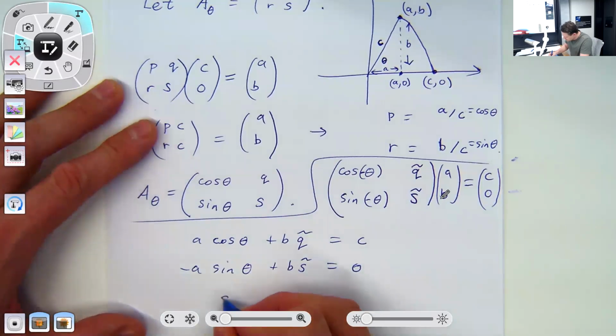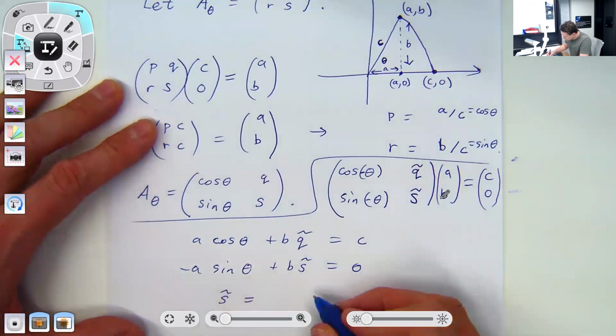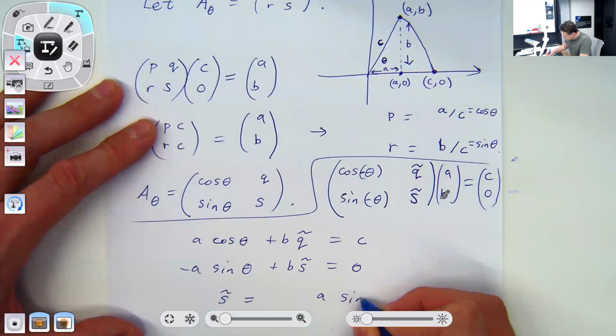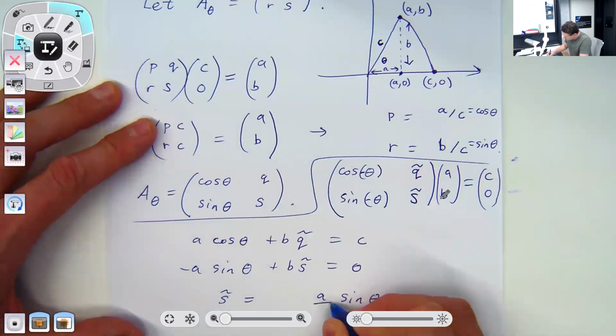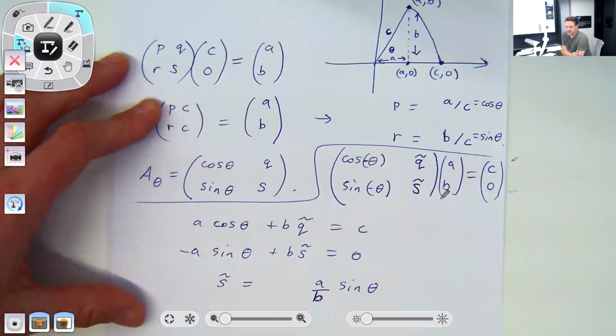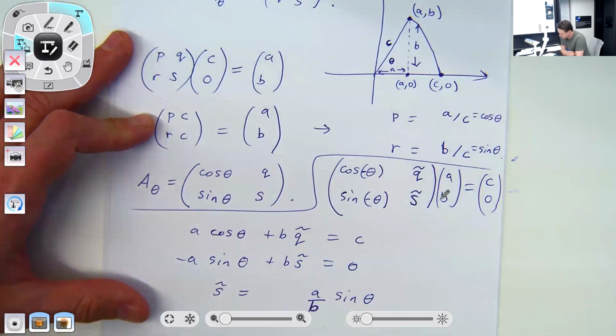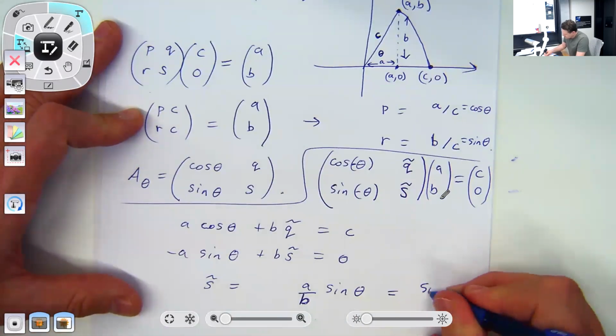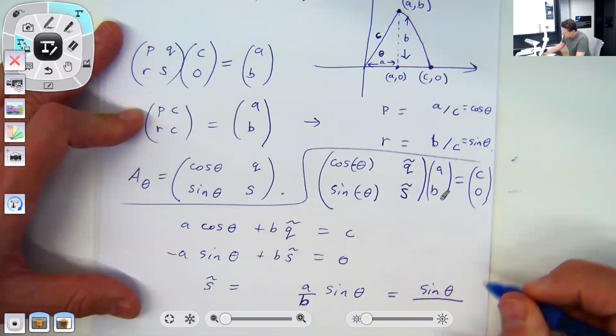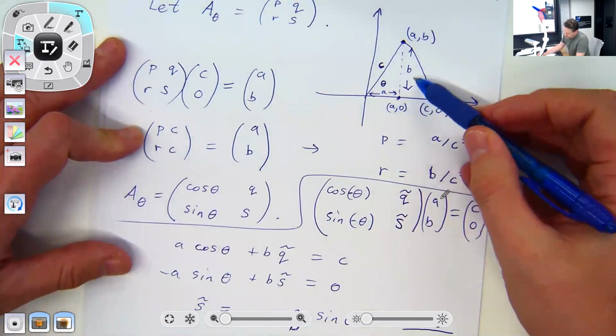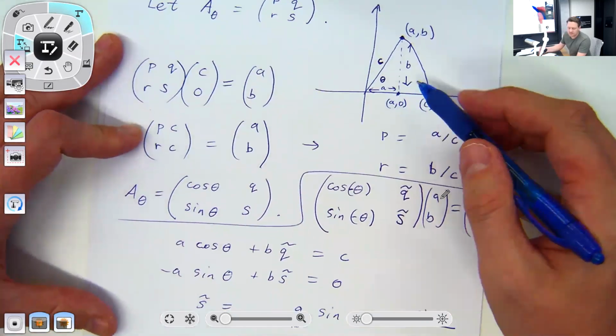All right, so S tilde is equal to A sine theta divided by B, right? All right, but A over B, is that a trig ratio? Almost, right? So we can view this as sine theta, because the trig ratio here, if you look at it, it's B over A is tan. Okay, so that's what I want.